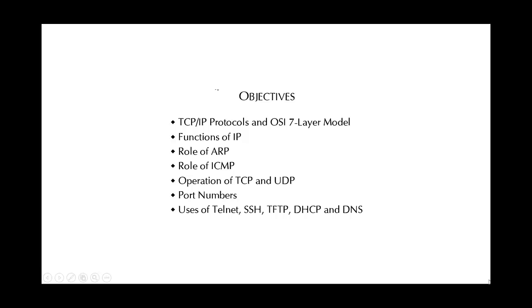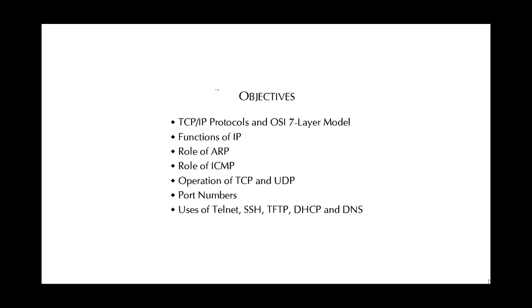Okay, so as you can see on the screen now, we'll go through this module. By the end of this module, you should be able to understand how the TCP/IP protocol suite relates to the OSI 7-layer reference model. Also understand the functions of the IP, or Internet Protocol. You should be able to describe the operation of ARP, or Address Resolution Protocol, and also describe the role of the ICMP protocol.